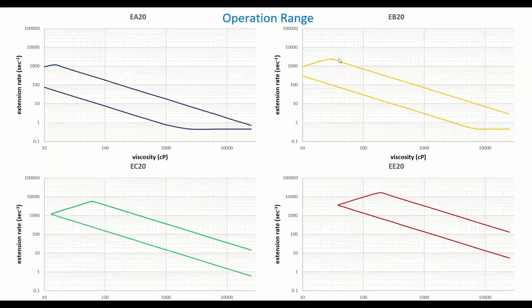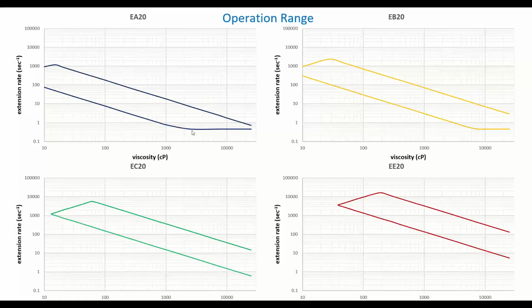So let's look at this EB20 and think about extrapolating this upper line over here. Technically, we can operate there and we won't overpressure the chip. Nothing bad will happen. However, we're warning you that when you go beyond that particular extensional rate range, you're getting into flow rates where you might start seeing secondary flows or turbulence that might introduce artifacts into your measurement. So that's what that turnover is coming from.